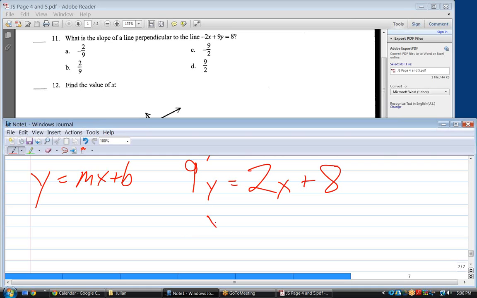Okay, so tell me what to write. Y equals. Is it a fraction? Divide every term you see by 9.